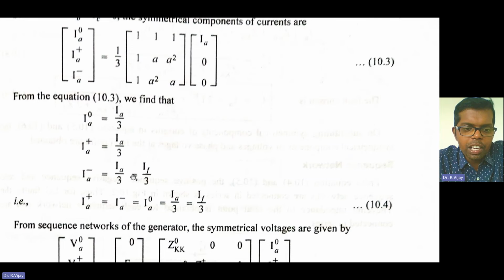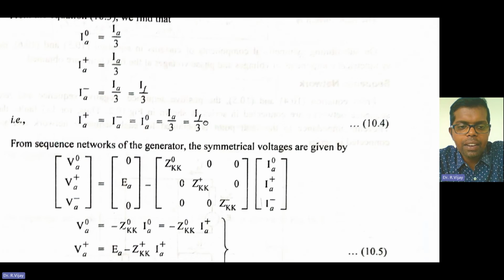So IA divided by 3 is nothing but IF divided by 3, that is, IA is nothing but IF. So IF by 3. Here IA positive is equal to IA negative is equal to IA0, that is the zero sequence, IA0 equal to IA divided by 3, that is nothing but IF divided by 3.